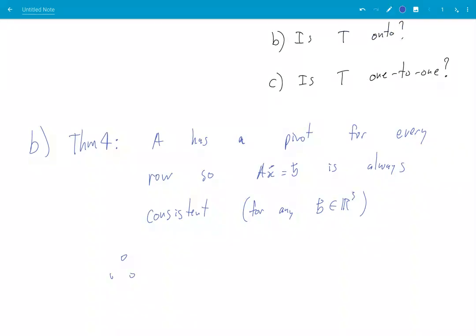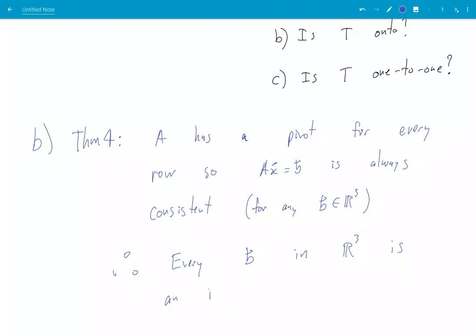Okay, therefore, every B in R3 is an image of some X in R4.